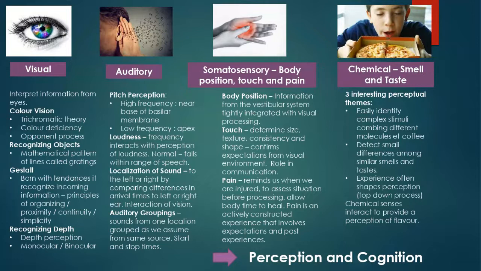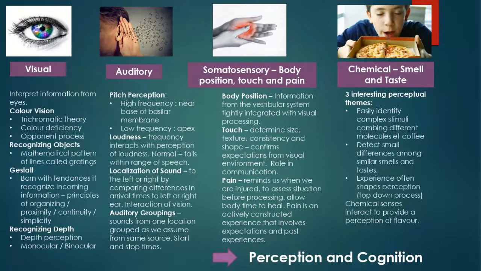You might have tried sushi once and gone, oh, I really don't like this, and when someone offers it to you again, the original experience of not liking it will impact how you taste it. The chemical senses interact to provide a perception of flavor. So that's how perception and cognition take place within the senses.